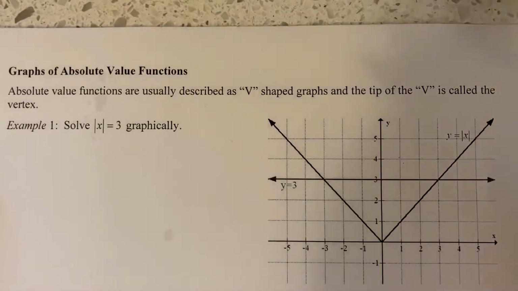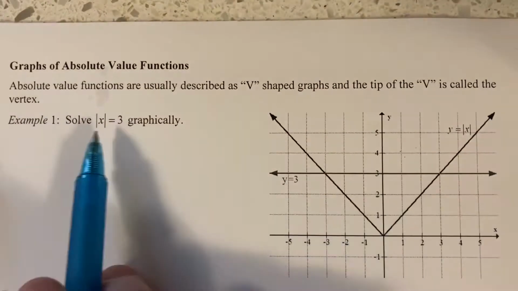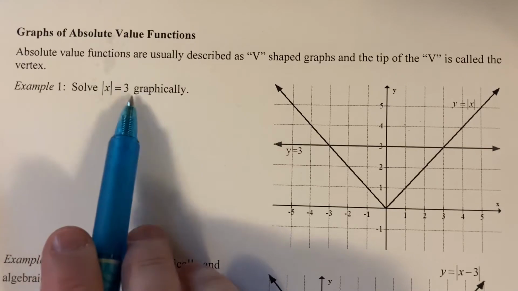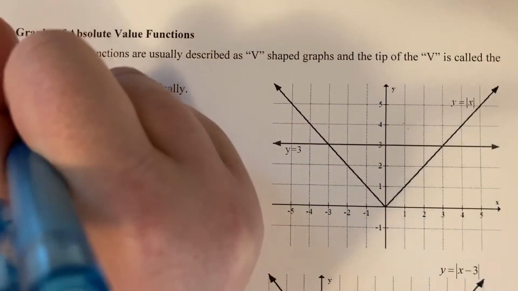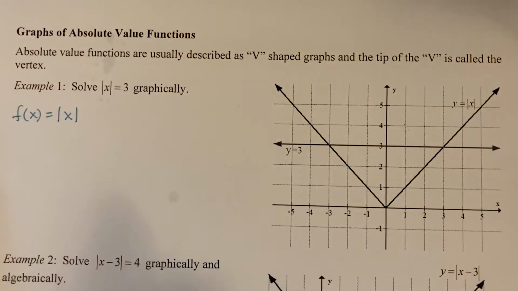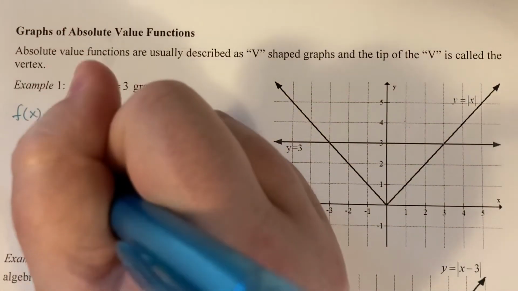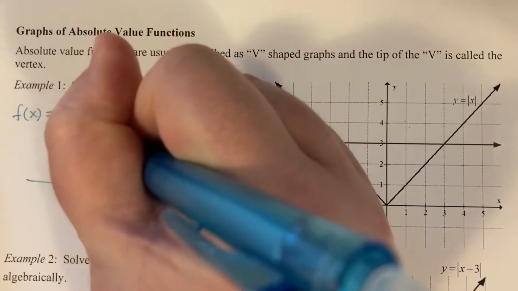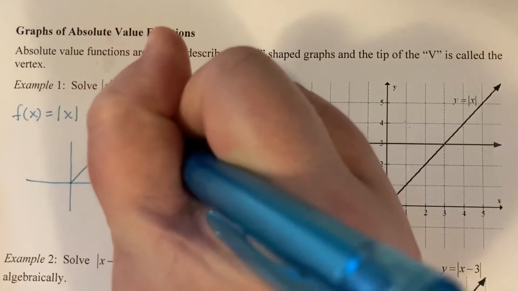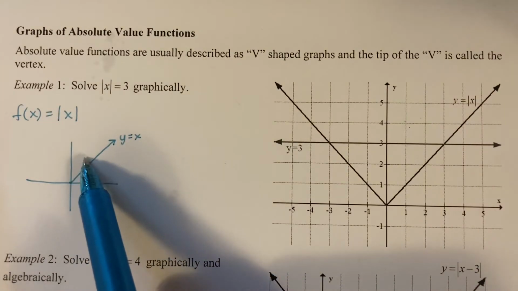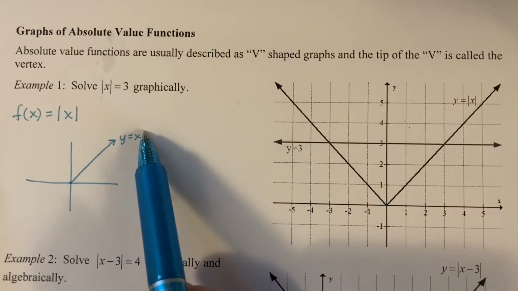So let's just look at this first example. Solve absolute value of x equals 3. If I were to graph f of x equals absolute value of x, half of it is the line y equals x, meaning a slope, and it starts at 0, 0 and goes up 1 over 1, slope of 1.